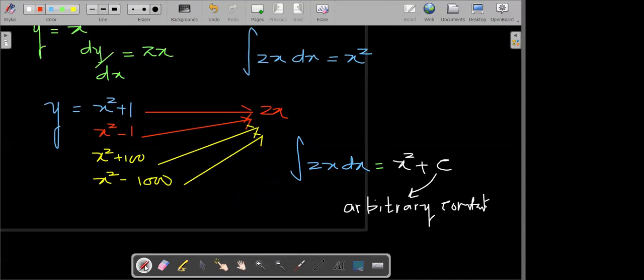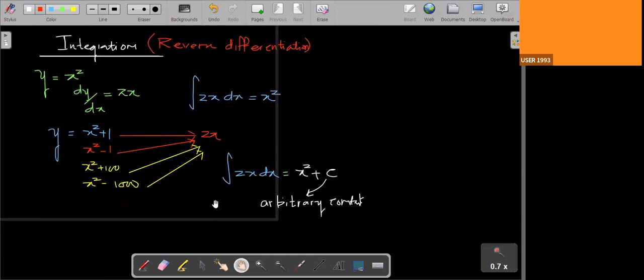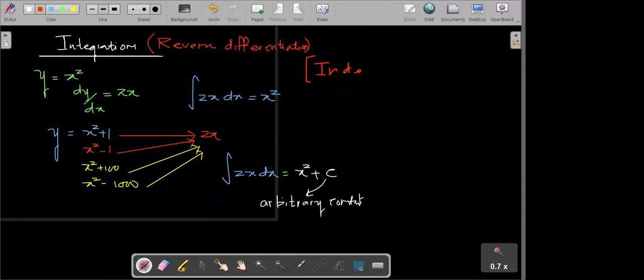Remember, these kinds of integrals are called indefinite integrals. What is that? Let me talk about that.